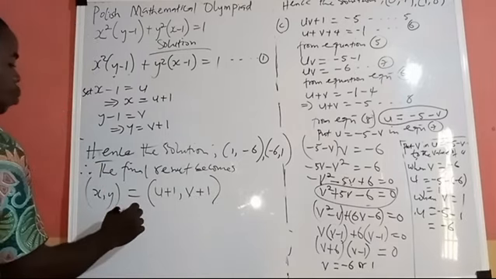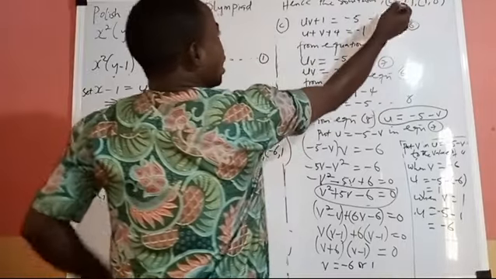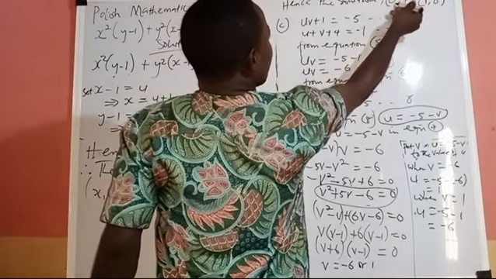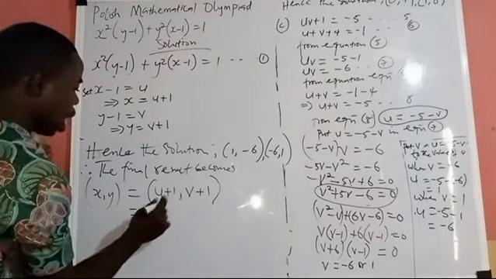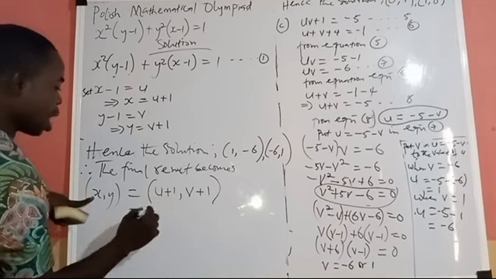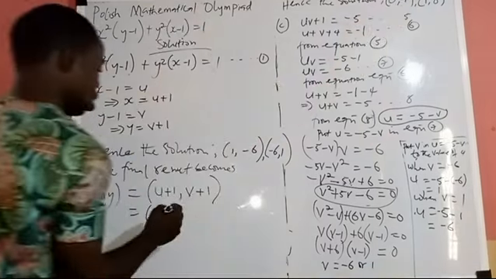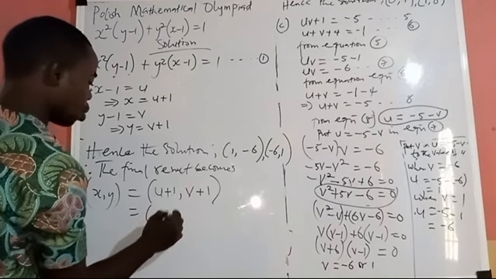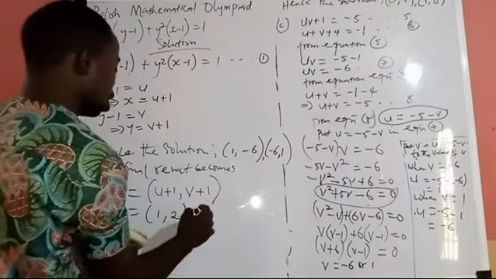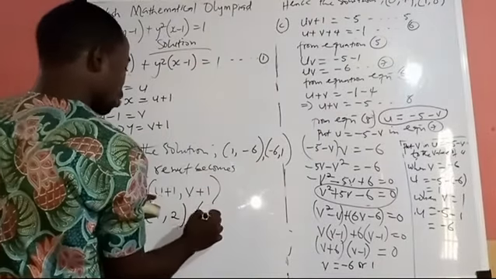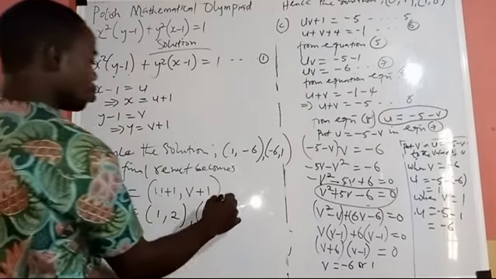So if we go to our first solution, where our u is equal to 0 and the v is equal to 1, our x now becomes 1, and then y is 1 plus 1, which is 2. And for this second solution, our u is equal to 1, so x is 2, and our v is 0, and then our y becomes 0.